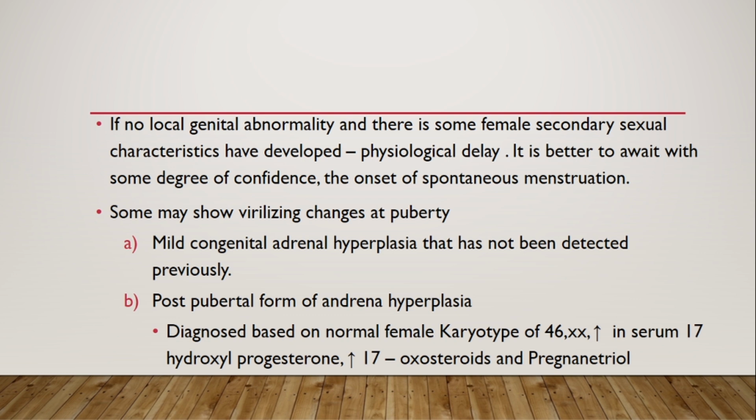The female karyotype will be 46XX, but there will be increased serum 17-hydroxyprogesterone, and in the urine, increased 17-ketosteroids and pregnanetriol.